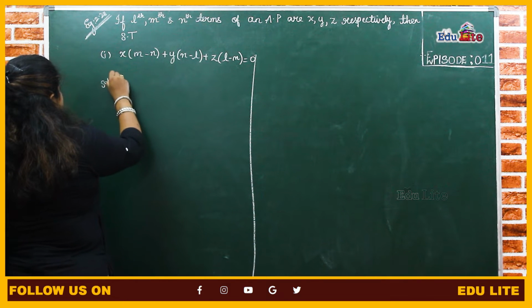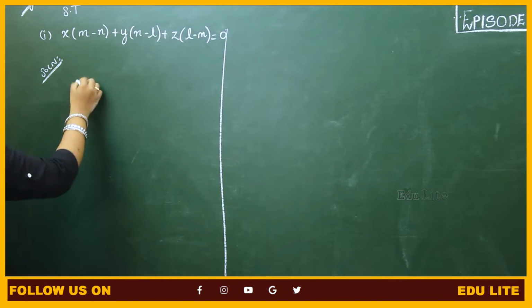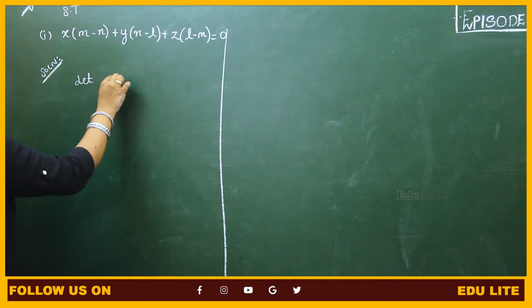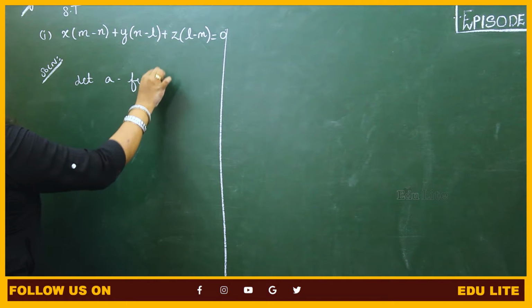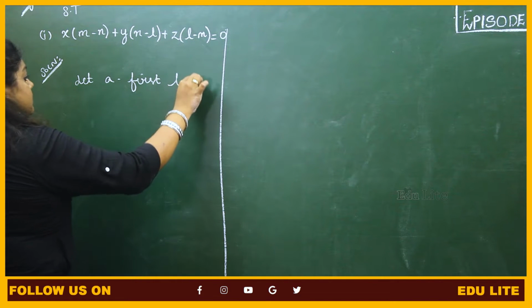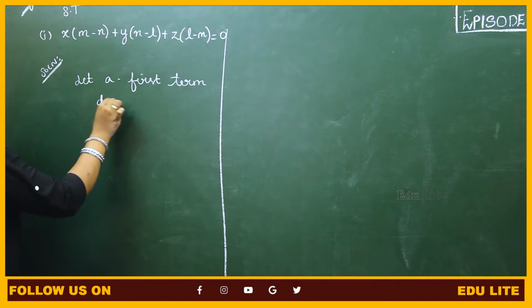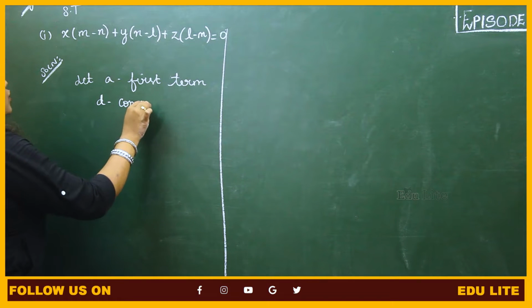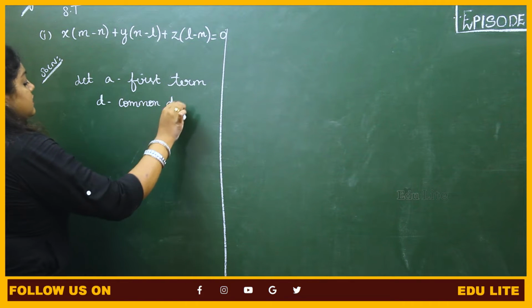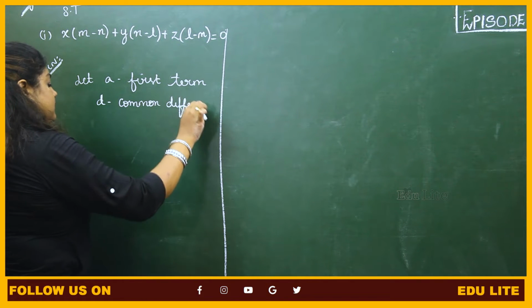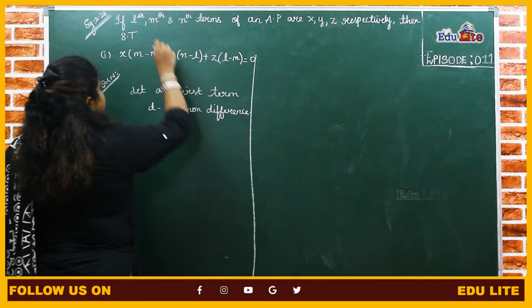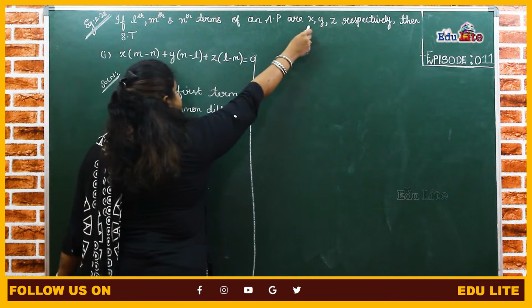So what we will do is, let us take a as the first term and d as the common difference. According to the given statement, the lth term is x.